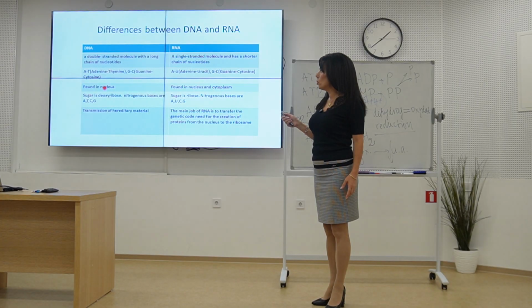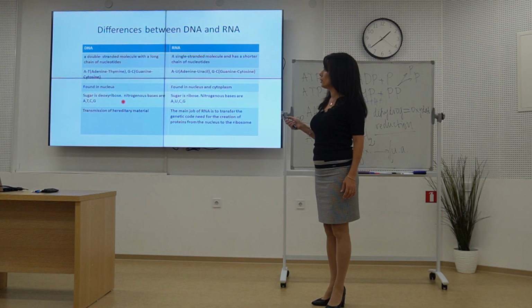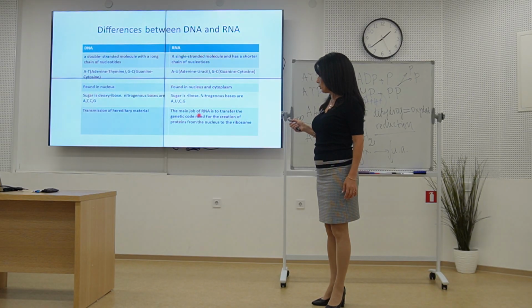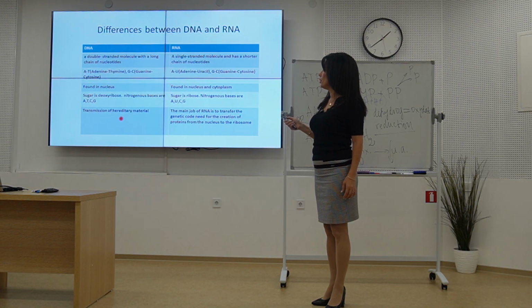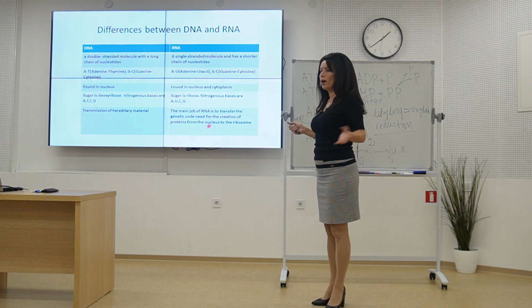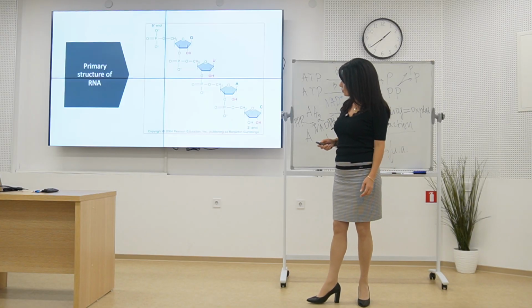DNA is in the nucleus and mitochondria, RNA in the nucleus and cytoplasm, and the difference in the pentose, deoxyribose and ribose. DNA transmits hereditary information, and here all RNA are involved in protein synthesis.